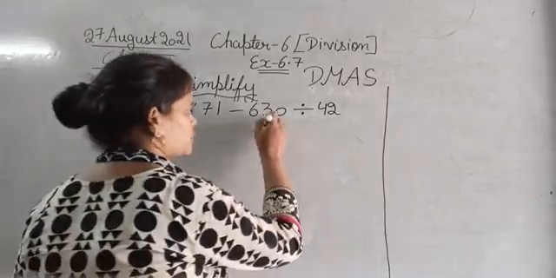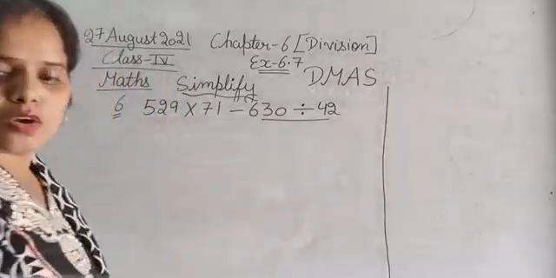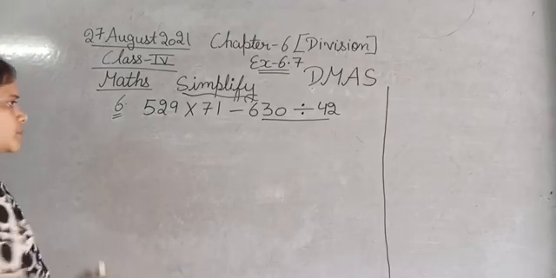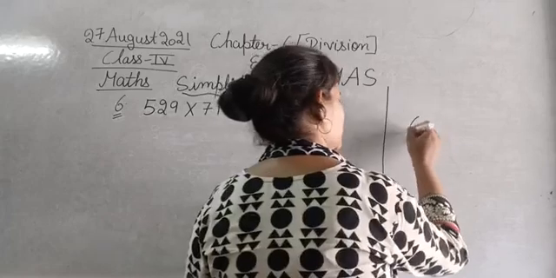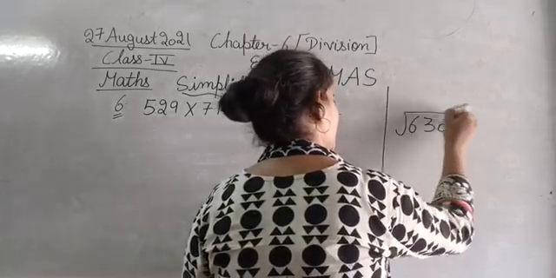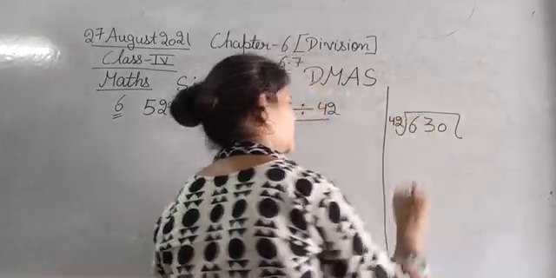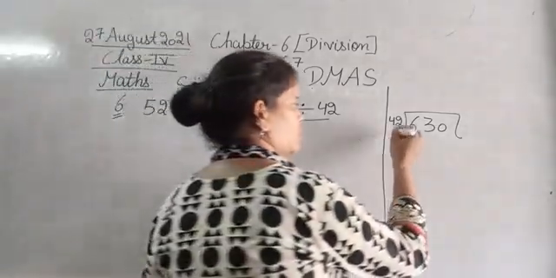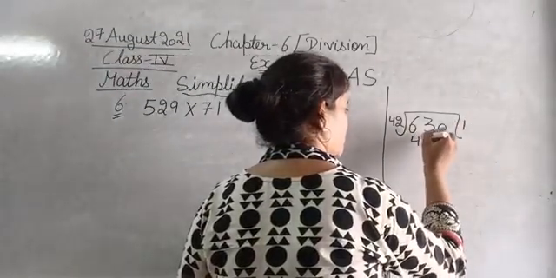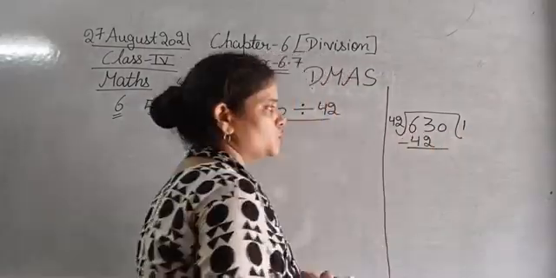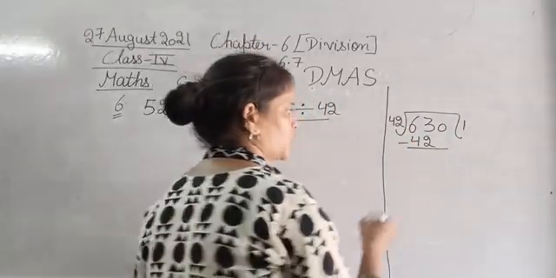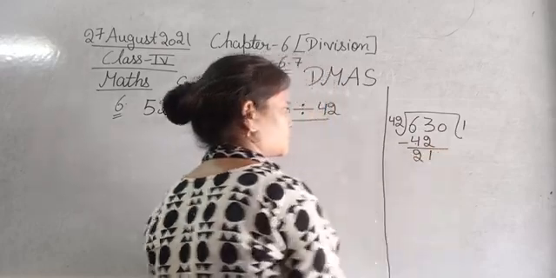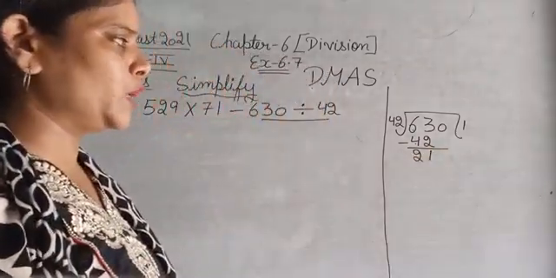And in division, we have to divide 630 with 42. 630 divided by 42. 42 ones are 42. 3 minus 2, 1. 6 minus 4, 2. Okay, so we got 21.